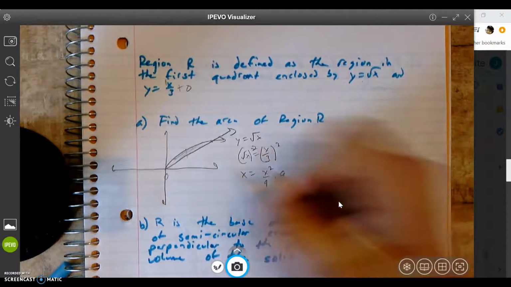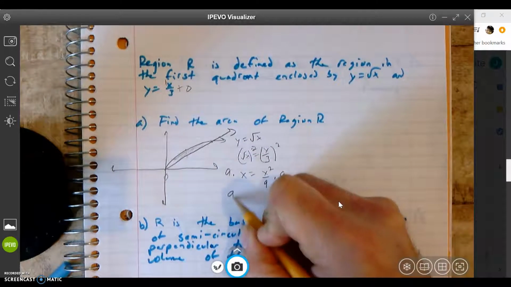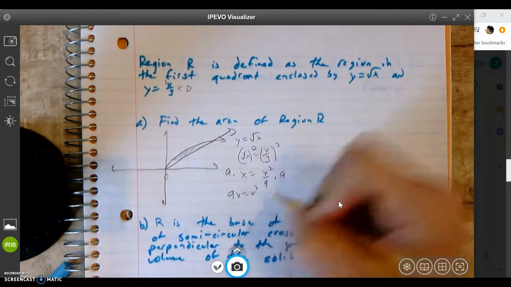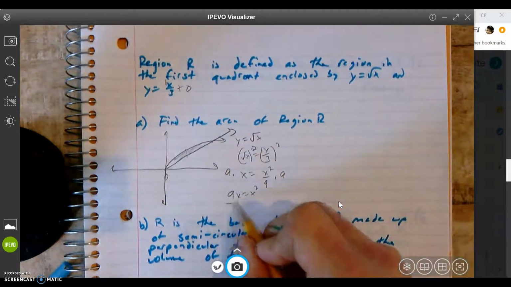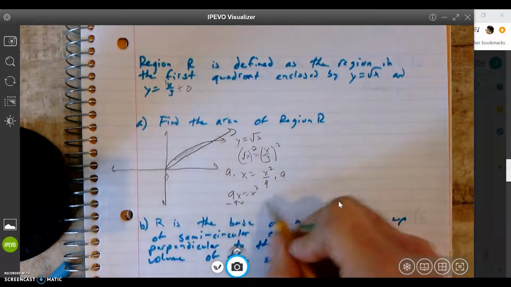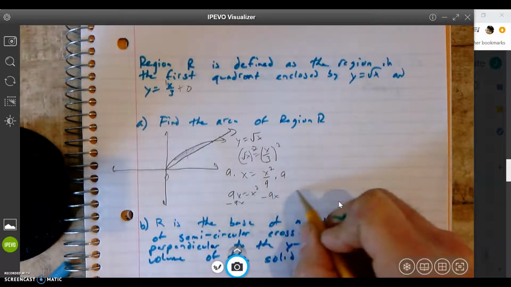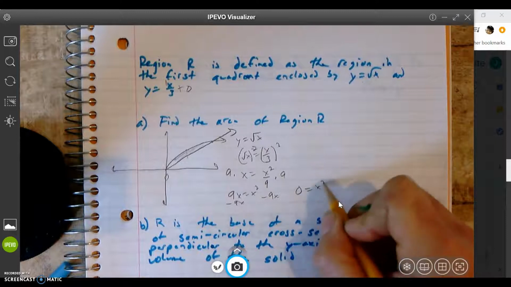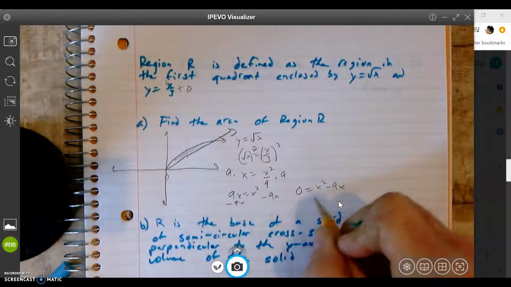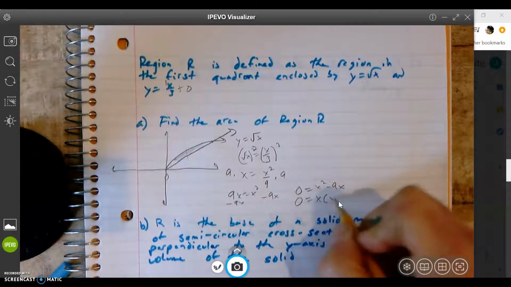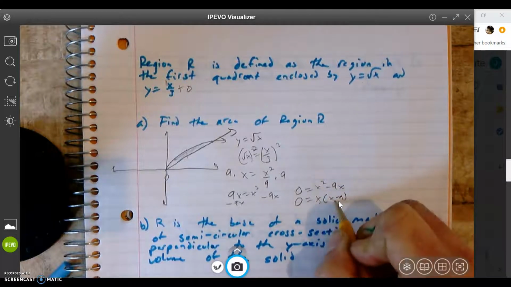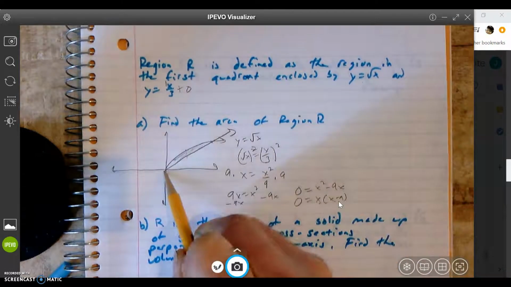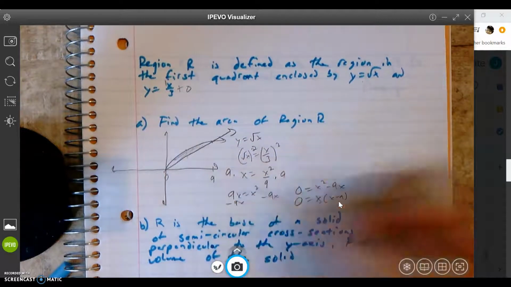Let's times 9 on both sides. 9x equals x squared. Let's subtract 9x on both sides, because I think it's going to be some factoring. So we have 0 equals x squared minus 9x. Factor out an x. X times x minus 9, so 0 and 9, so 0 here, 9 here.